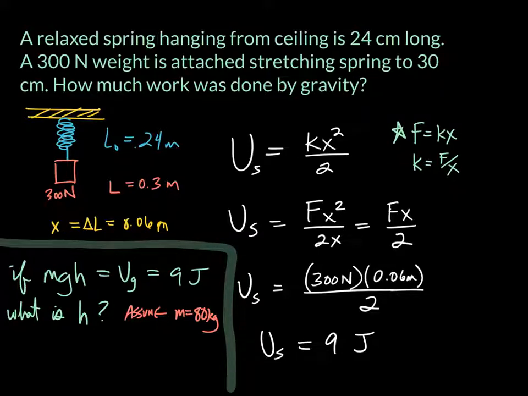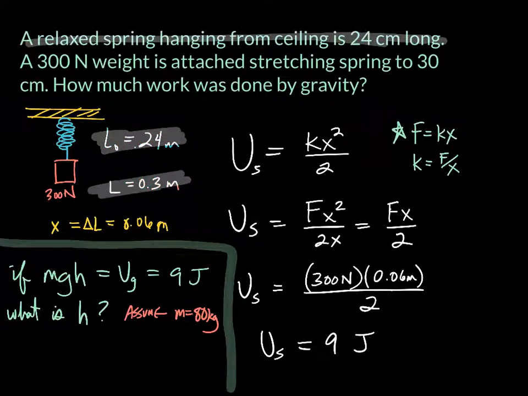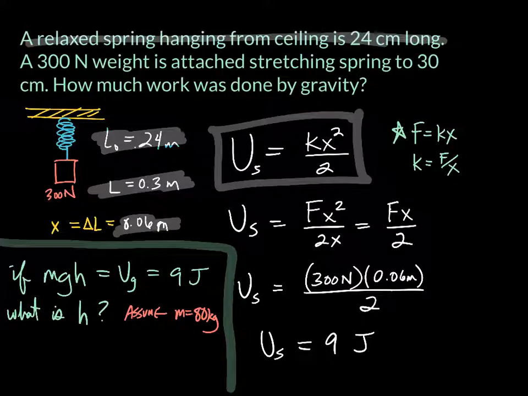So we have a spring, 24 centimeters long in its relaxed position, that gets stretched by 0.06 meters by a force of 300 newtons. This is the potential energy of a spring, (1/2)kx squared. What is k?